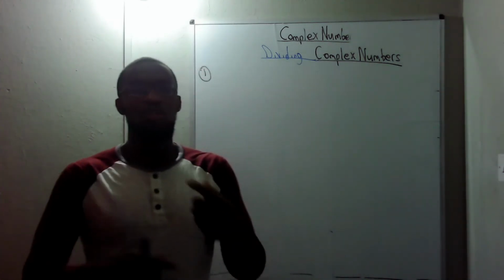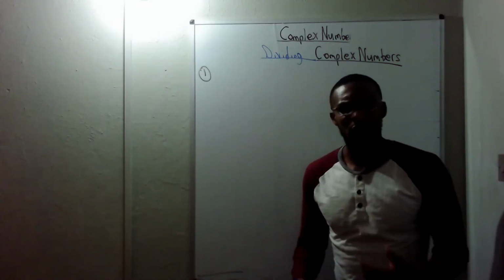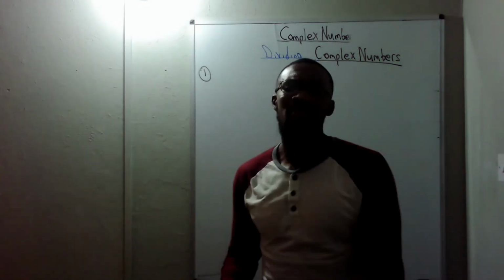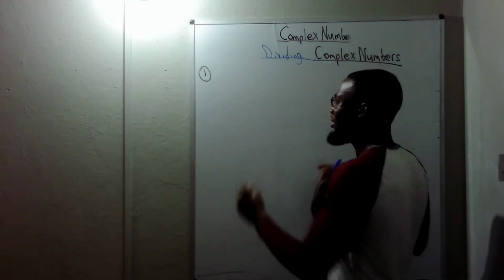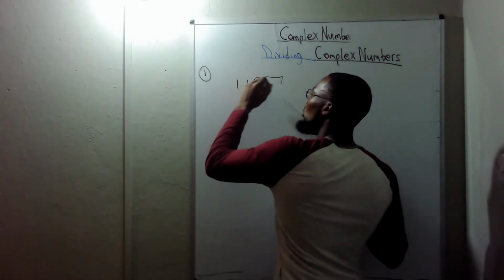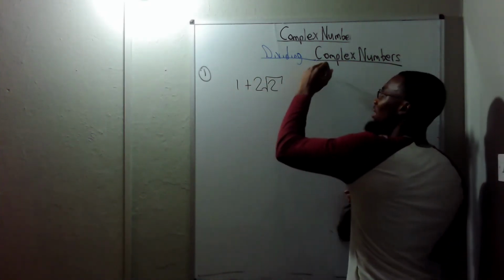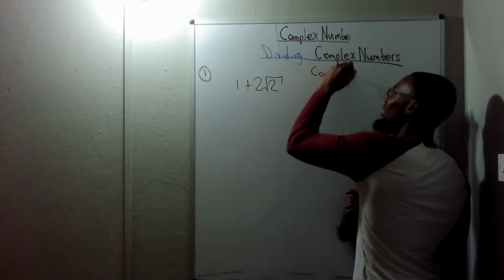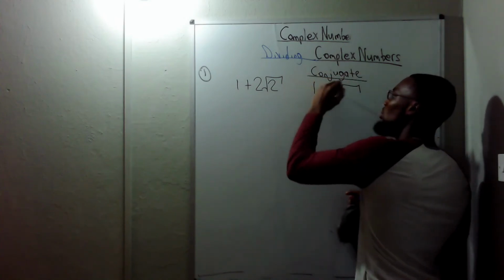Just to refresh our memory of conjugates, remember when you were doing surds in Add Math and Unit 1? Something like 1 plus 2 root 2 is a surd. And then you would say that the conjugate of this surd is 1 minus 2 root 2.